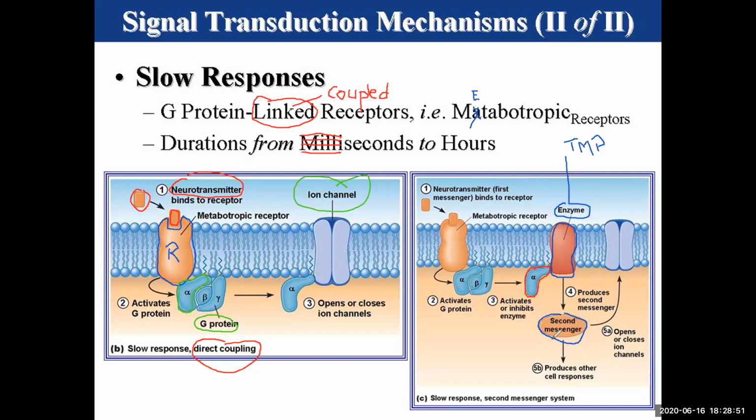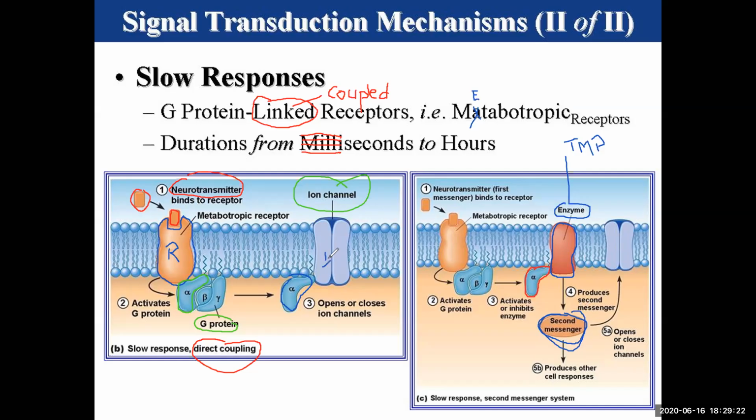For example, this second messenger here, once produced, can affect the function of an ion channel, right? Again, can open or close an ion channel that is located in its proximity. Same here. The difference between this one in panel B, the alpha protein activates an ion channel, whereas panel C is the second messenger that activates the ion channel, right?